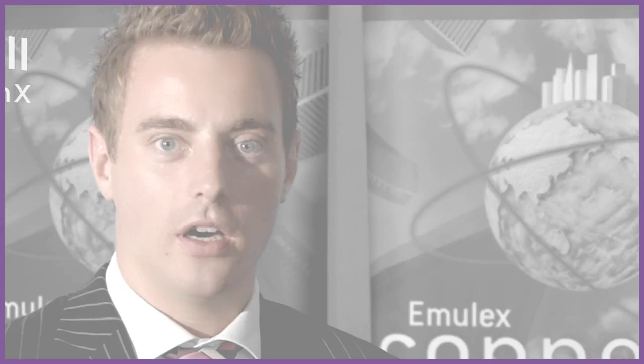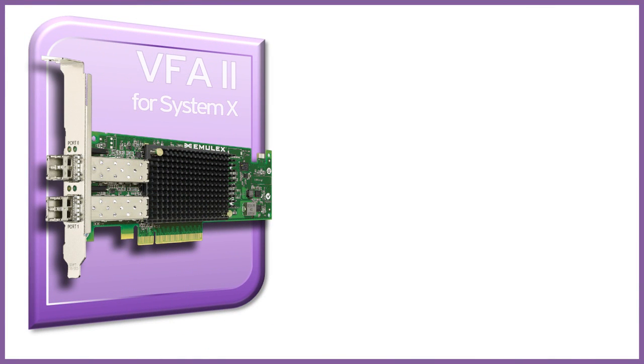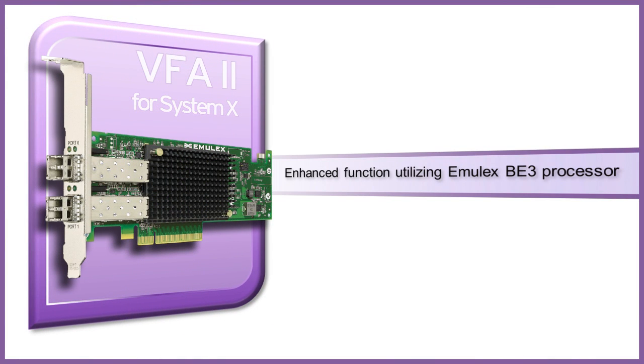Having introduced you to the Emulex VFA2 card for IBM Blade Center, let's look at the VFA2 card for IBM System X. This technology utilizes our BE3 chipset, which means we can accommodate SRIOV or single root I/O virtualization technology, in addition to circa 20% reduction in power.